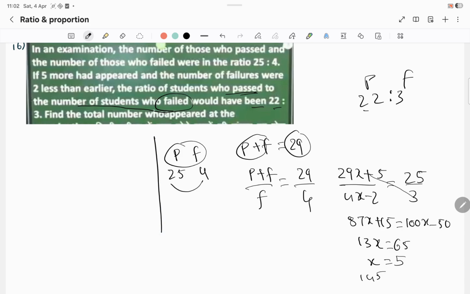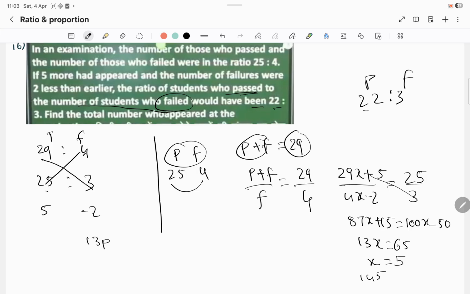What may be the other method? Simple thing. Total to the failures. The ratio becomes 22:3, which means 25:3. Here 5 students total appeared, minus 2. So multiply 87 and 100, 13 parts. 25 minus 2... 3 fives is 15.